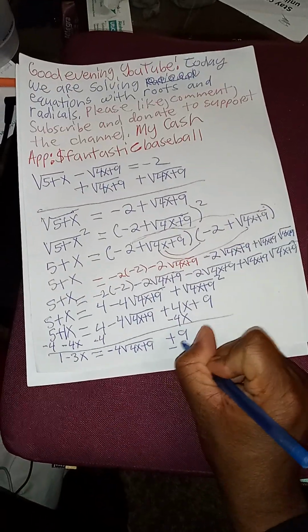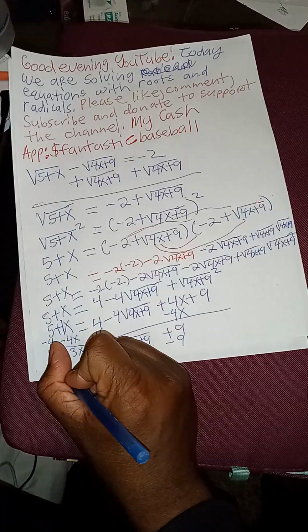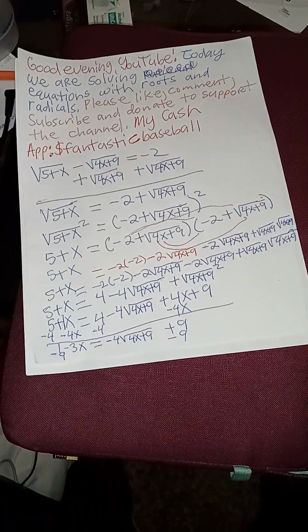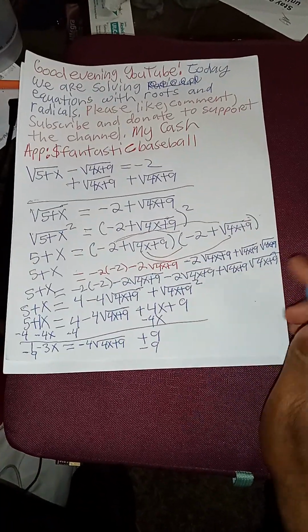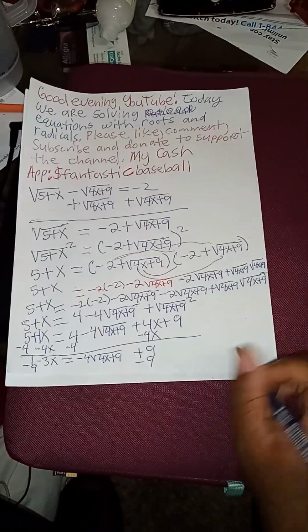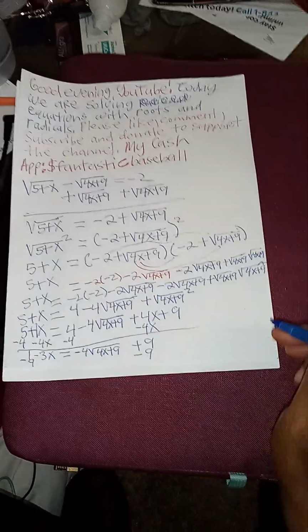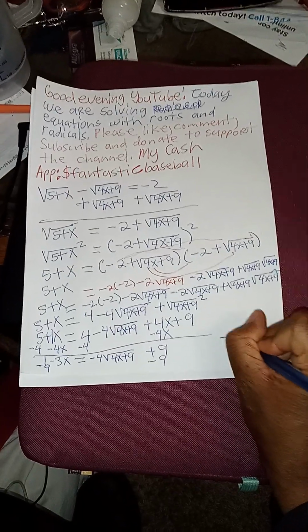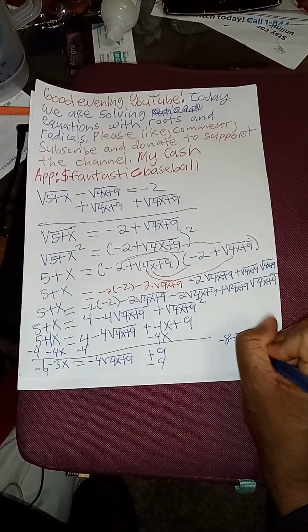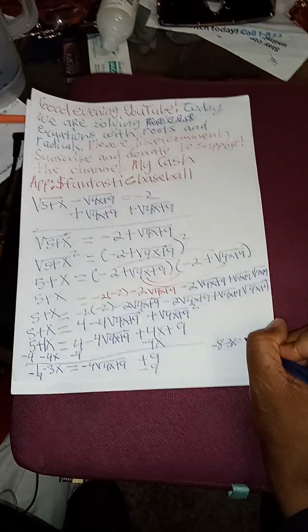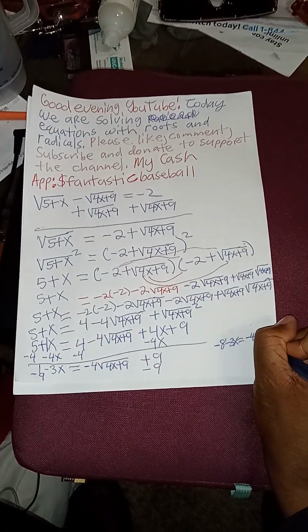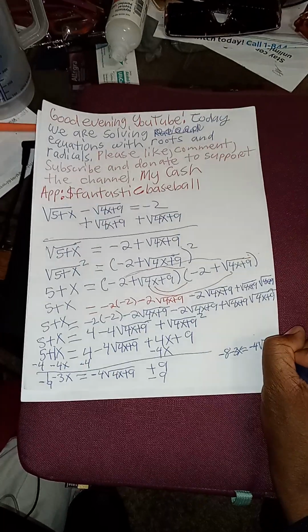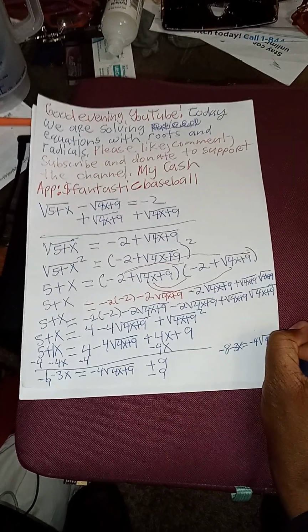Then subtract 9 to both sides. So 1 minus 9 is going to give us negative 8 minus 3x is equal to negative 4 times the square root of 4x plus 9.